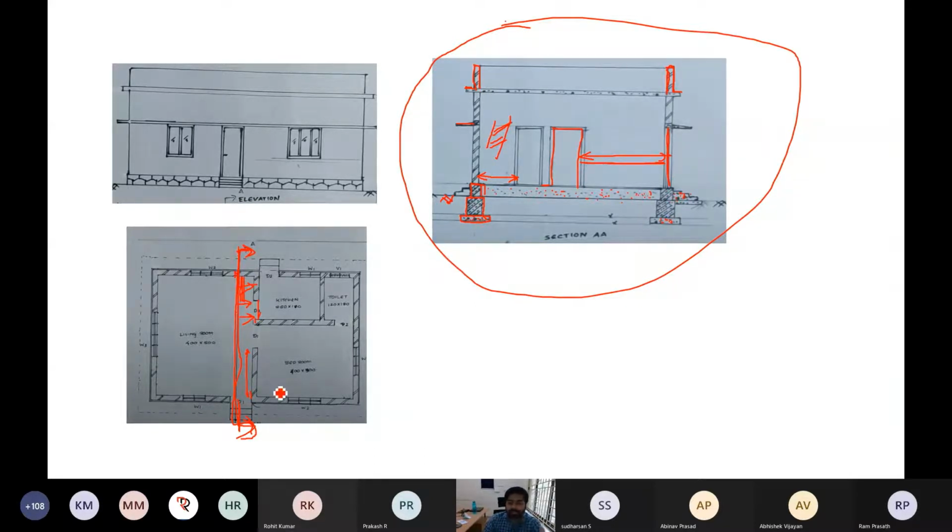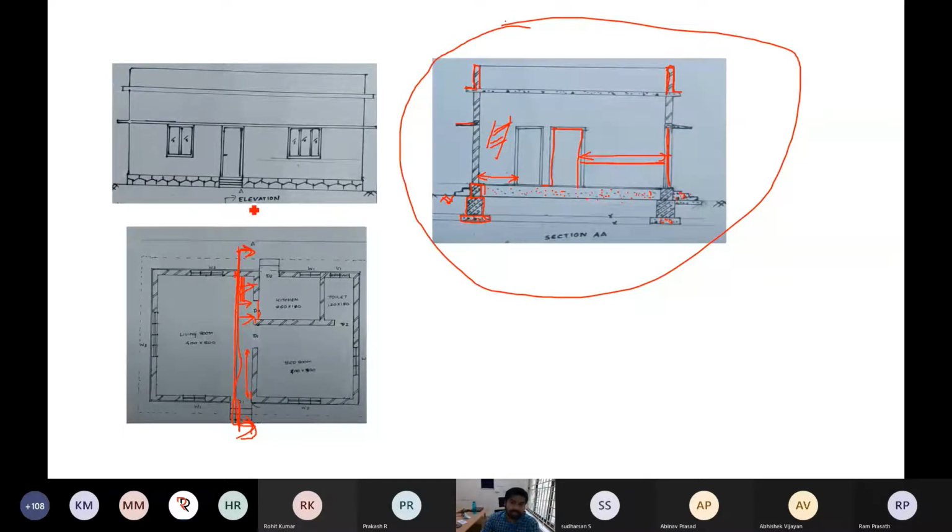So plan is there, section is there. Section about sec AA. So next is elevation. That is called the front elevation. So elevation should be the projection of both the section and the plan.